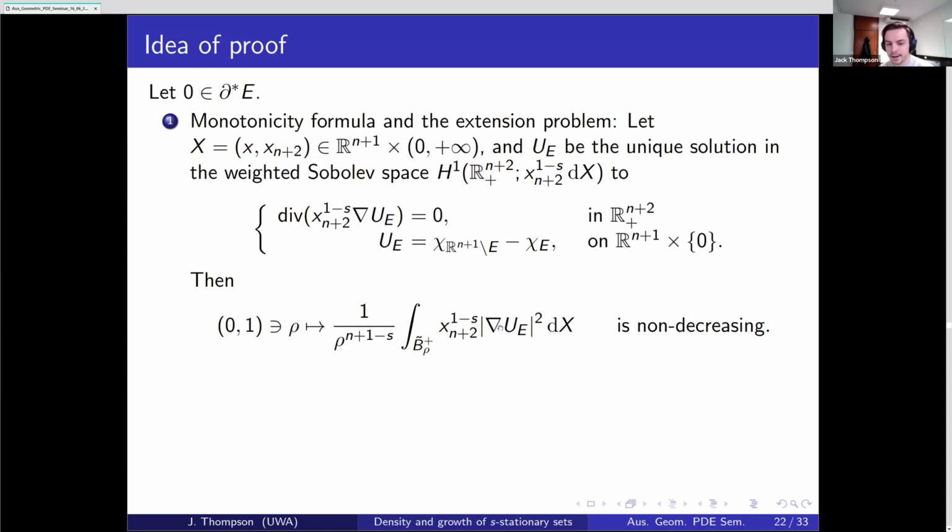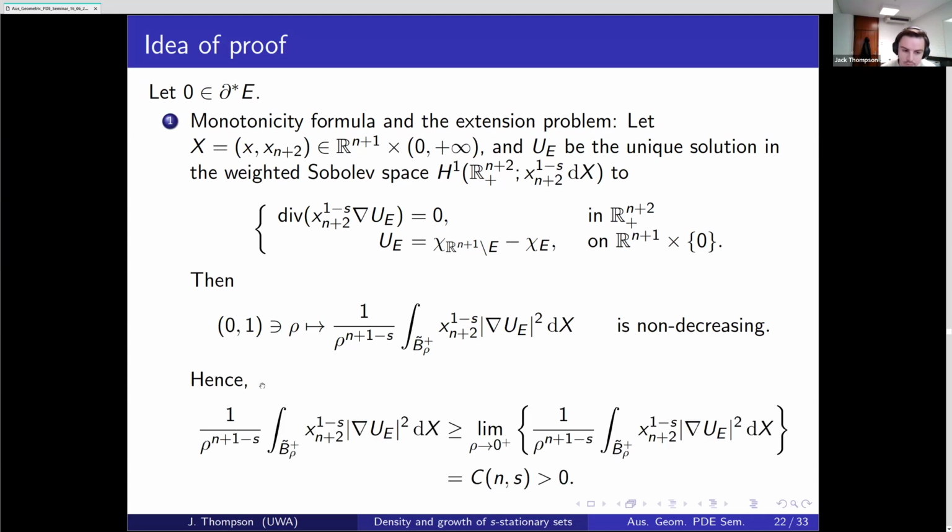This is like the L2 norm of the gradient of U in this weighted Sobolev space. I divide through by the right power of rho, integrate over B tilde rho, which is a ball in R^(n+2). And this is non-decreasing. So this is the analogous monotonicity formula to the local case. This was shown to be non-decreasing for minimizers in the original paper of Caffarelli, Roquejoffre, Savin, and more recently for stationary sets by Caffarelli, Florit, Simon, and Serra.